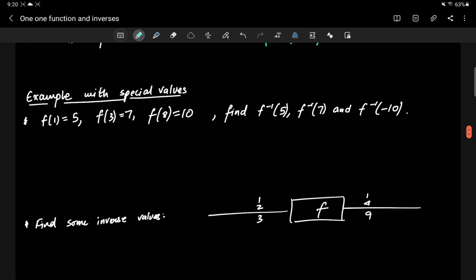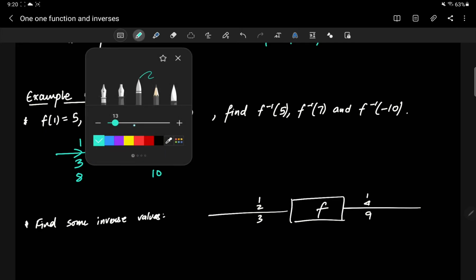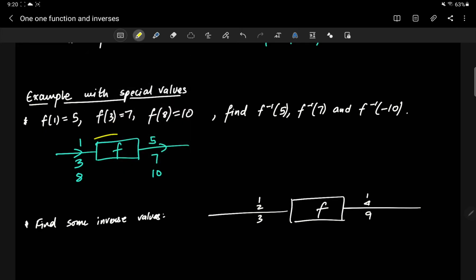Now let's say you're given that a function f behaves as such: when the input is 1, the output is 5. When the input is 3, the output is 7. And when the input is 8, the output is 10. So it goes like that, it goes like that, and goes like that.